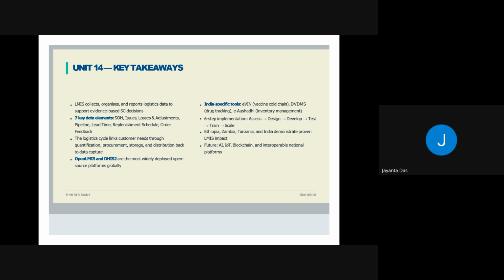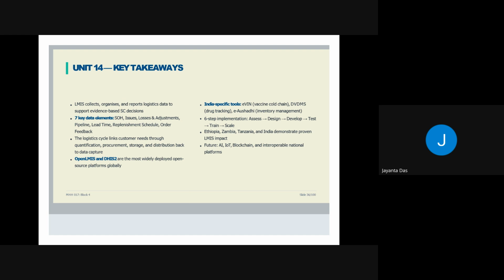Then we talked about OpenLMIS and DHIS2, the most widely deployed open source platforms globally, and we must utilize these facilities to make our system better. India-specific tools are eAushadhi and DVDMS, and they are showing good results. The 6 steps of implementation are assess, design, develop, test, train, and scale.